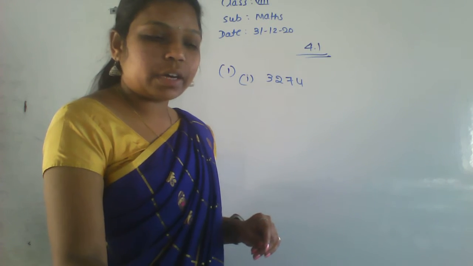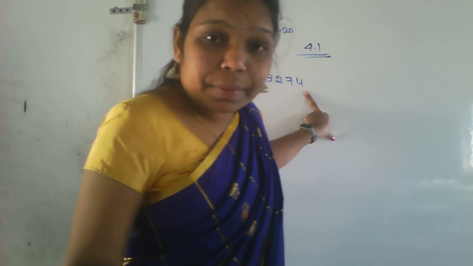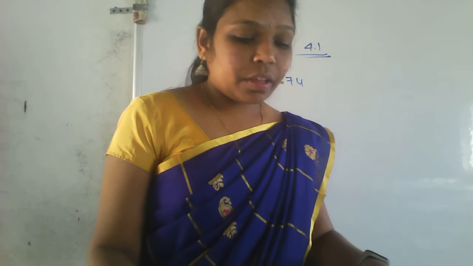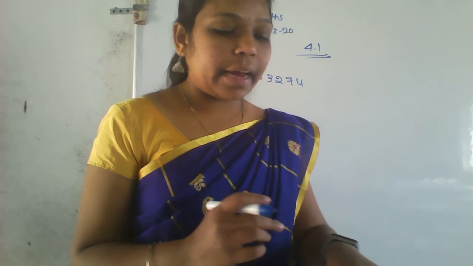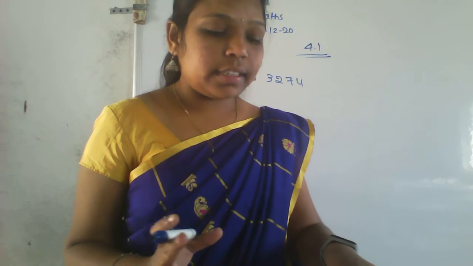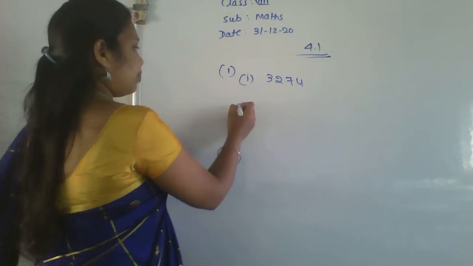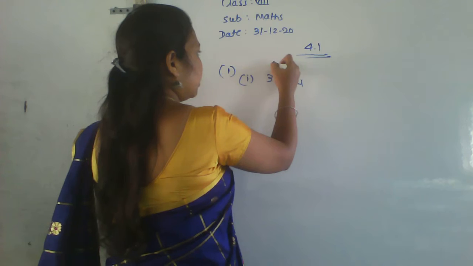So if a number is ending with a 4, observe everyone on page 56, then the cube of that number ends with the digit 4 only, right?